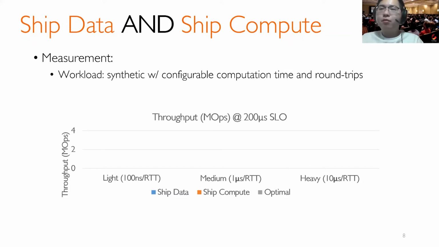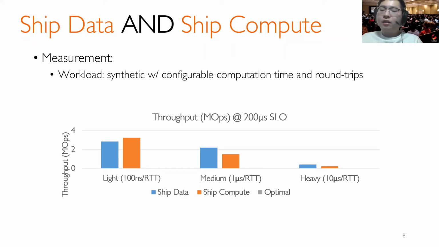And we measure the throughput achieved at a specific latency target. And the result is shown as this. As we can see, for a compute-intensive workload, the ship data approach is better than the ship compute approach, whereas for a non-compute intensive workload, the ship compute approach would be better.